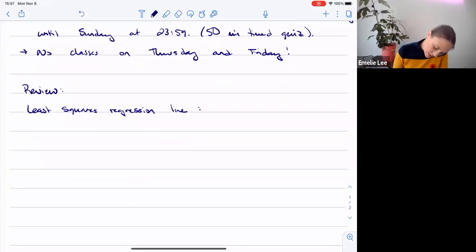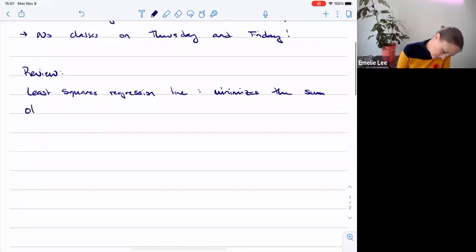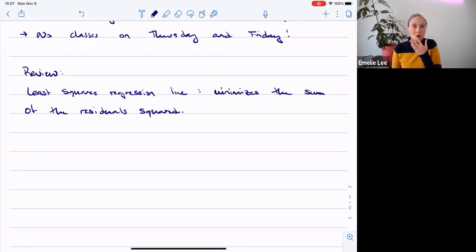So it minimizes the sum of the residuals squared. And we talked about with one independent variable, we are able to predict future values of y given some value of x.